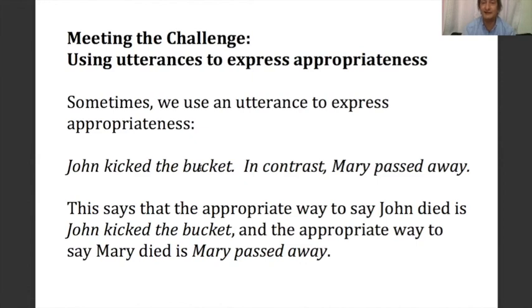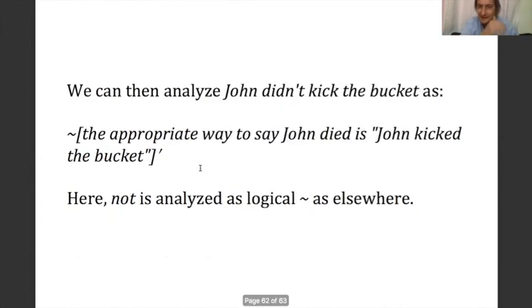In contrast, Mary died. That's not a contrast. So we have other cases where it seems that the way we say something matters, and we can pick up on that with words like in contrast. It says that the appropriate way to say John died is John kicked the bucket, and the appropriate way to say Mary died is Mary passed away. Why that's the appropriate way, we leave that to whoever's talking.